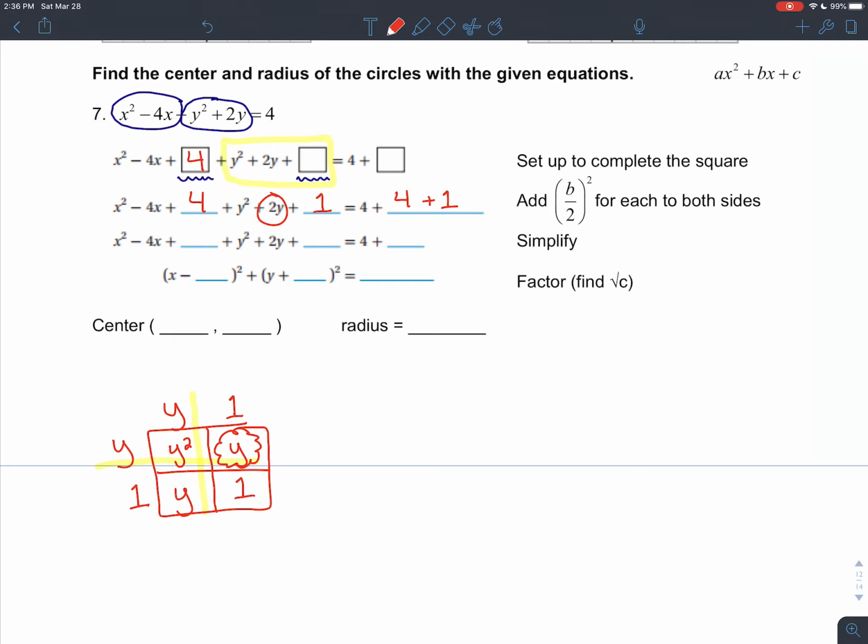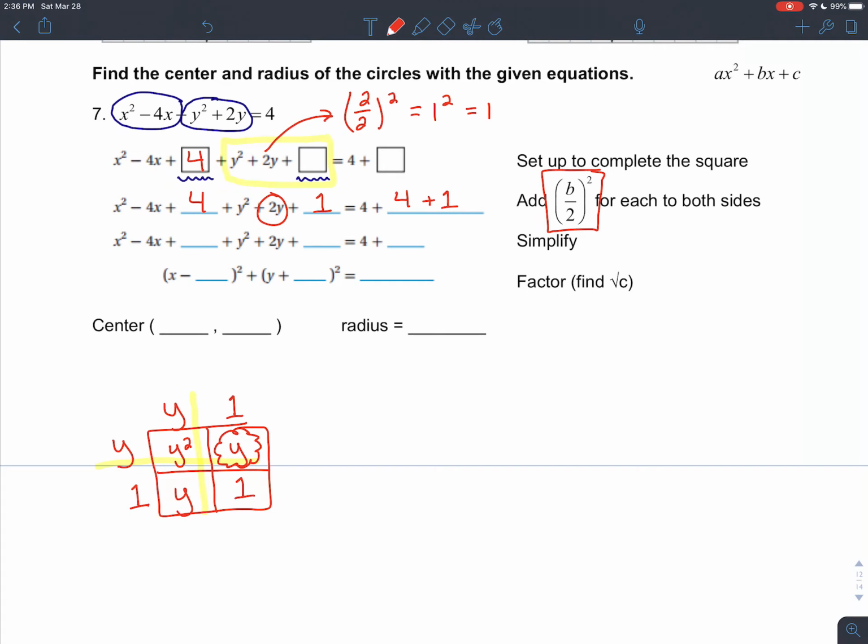The shortcut, if you are somebody who likes to memorize something, is to do this for each one of them. b divided by 2, and then square your answer. So in this case, 2 divided by 2, and then square your answer. 2 divided by 2 is 1. Square your answer. That's 1. And that's exactly what we added.